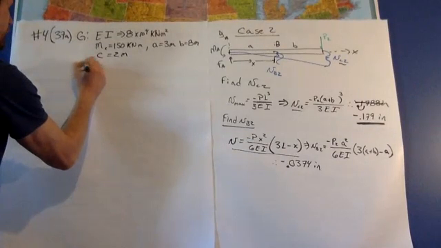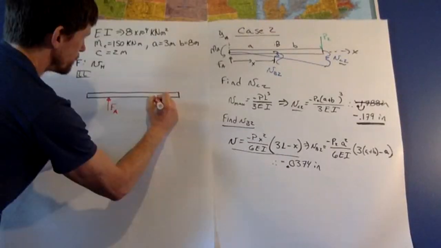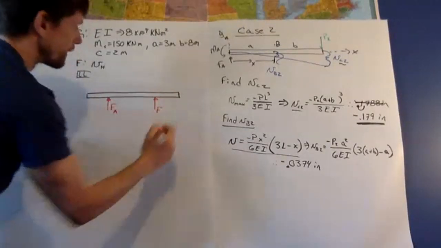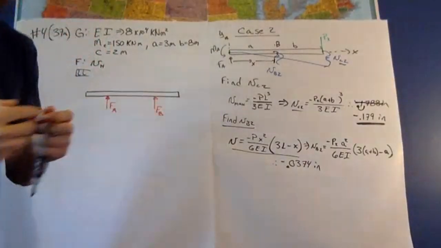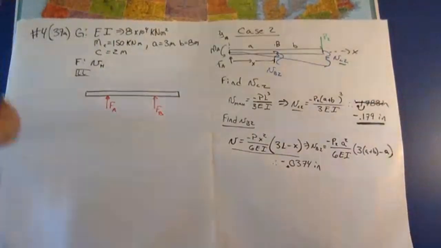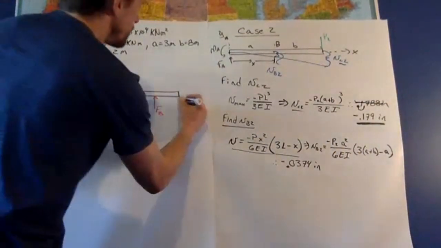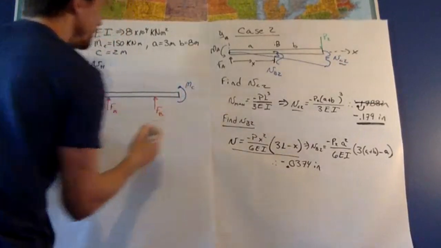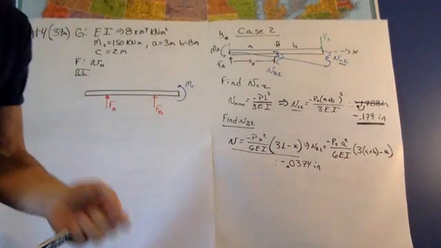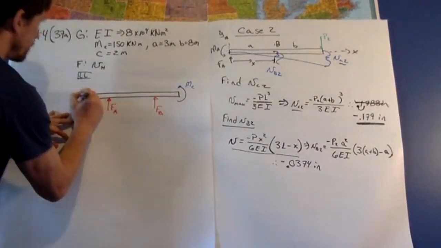On one end I have some force at A. I have some force at B. I have a moment at C in here. Now my H is over here.